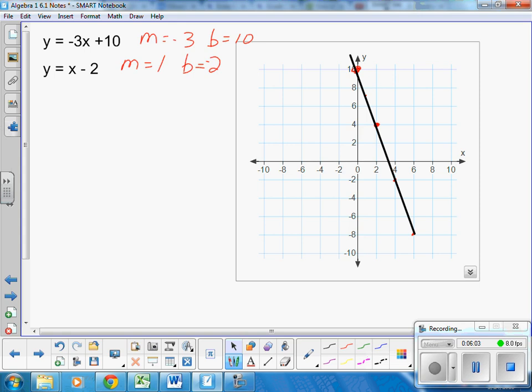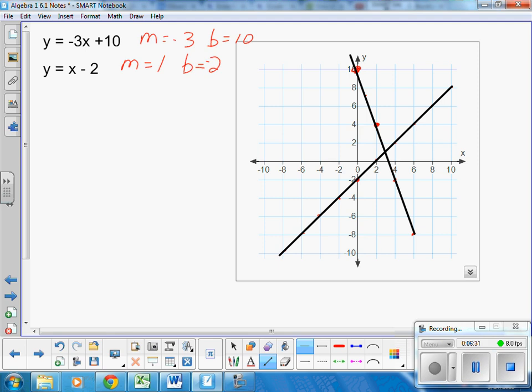Intercept is a negative 2. And my slope is 1, 1. So we're going to be going through here like this. Now, one of the funny things here is that you're going to find out later is that it's not always the easiest to tell exactly where all those points are.